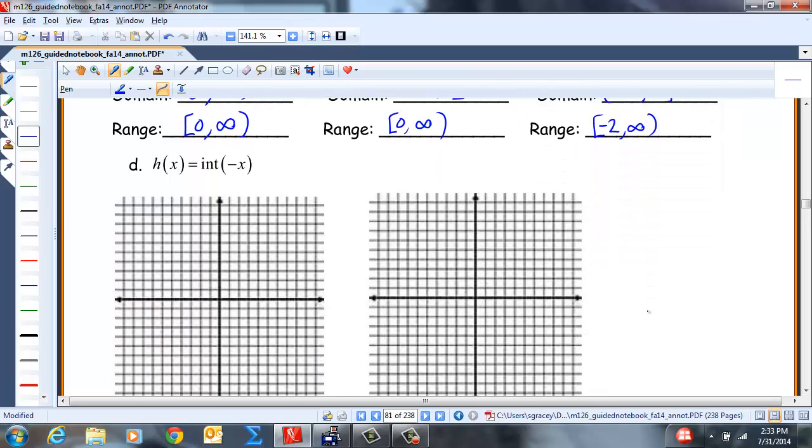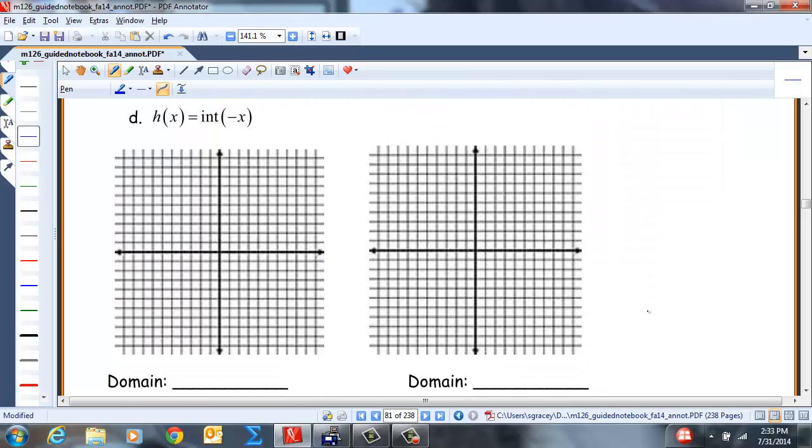So, all right, let's see what we've got. The greatest integer function of negative x. So again, we'll do our greatest integer function. So this will be x and y equals greatest integer function of just x. And then this will be x and h of x, which is our end result.